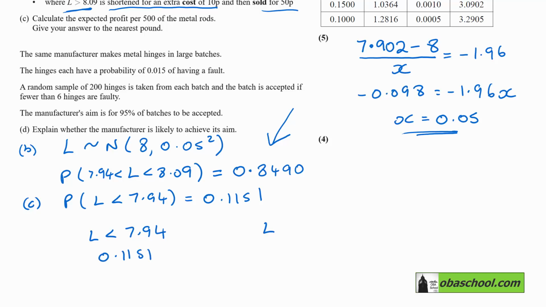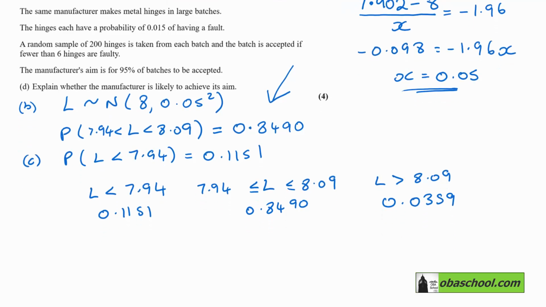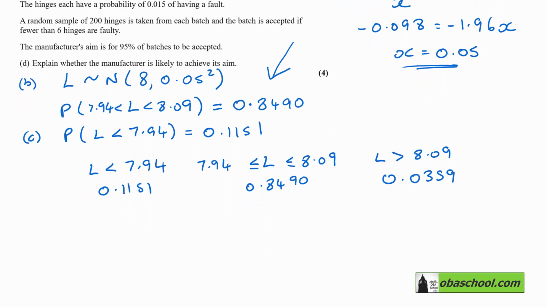For L to be between 7.94 and 8.09 is 0.8490. And then the probability of L being greater than 8.09 is 0.0359. Those values, of course, should add up to 1.